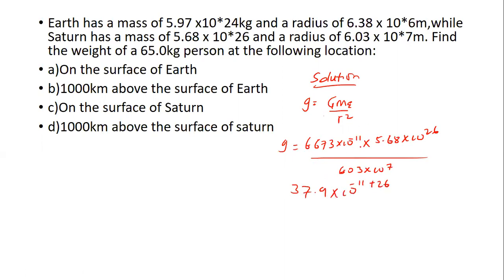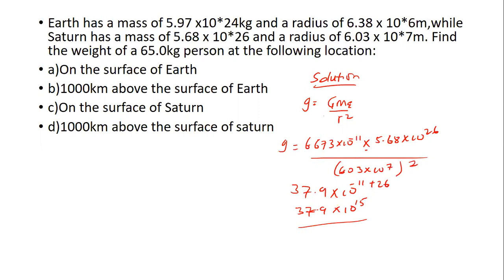When you have this, you just add the powers together because the sign is multiplication. So you get 37.9 times 10 to the power 15, no, negative 15. Divided, remember this is squared.